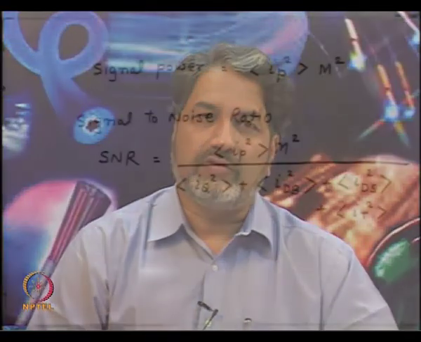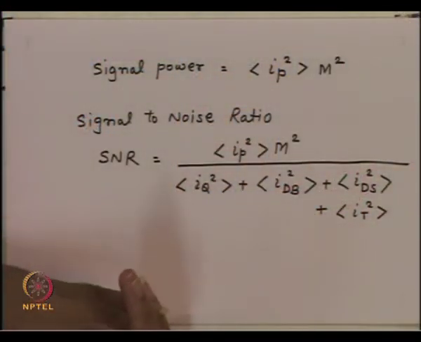Also note here the SNR or signal to noise ratio is a parameter which can be used for both kinds of modulation. This parameter can be used for analog modulation, and it can be used equivalently for digital modulation. However, when we talk about digital modulation, the more meaningful parameter is the bit error ratio, which is related to the signal to noise ratio.